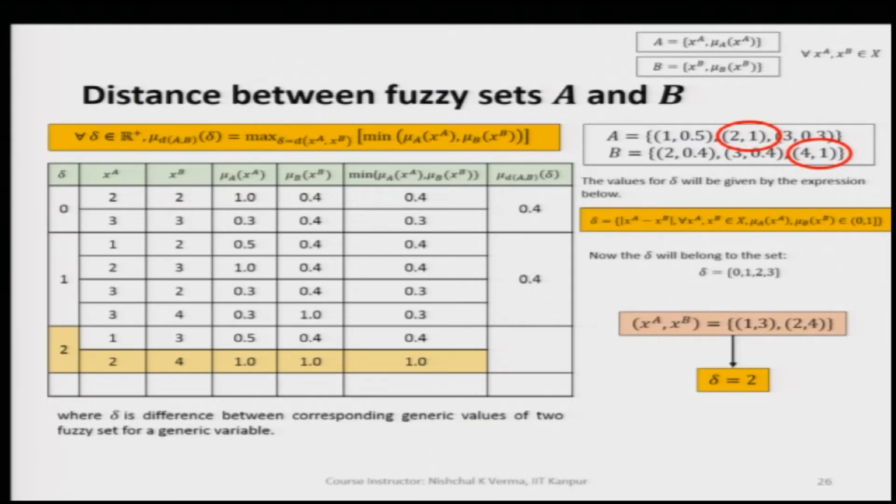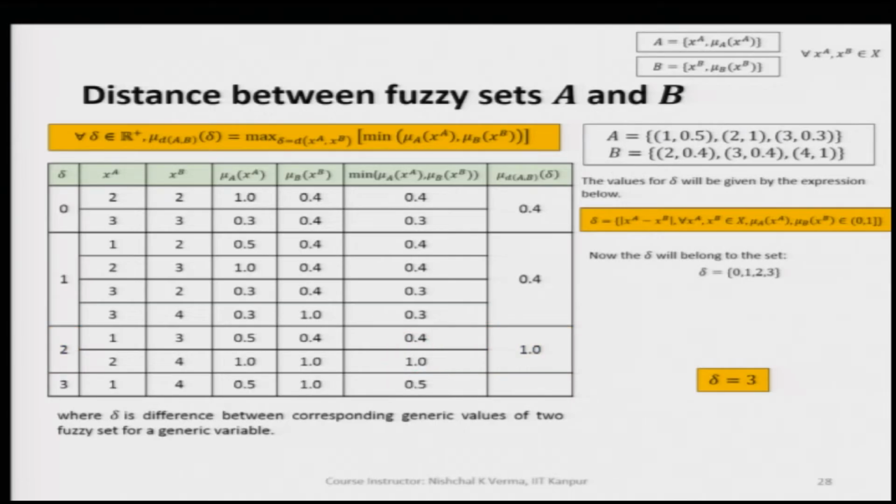So, this way all our entries with respect to delta is equal to 2 are complete. And then when we take max we are getting 1, of course, the max of these two is 1.